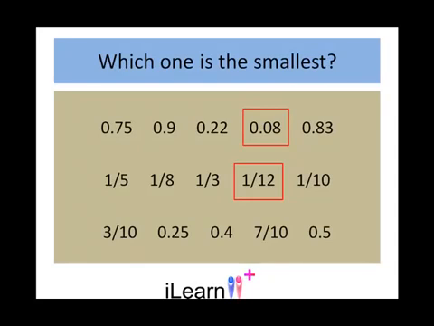Remember, if you cut a cake into 3 pieces, you get 1/3. If you cut the same cake into 12 pieces, you get 1/12. Which is the biggest piece? That's right. So 1/12 is the smallest.